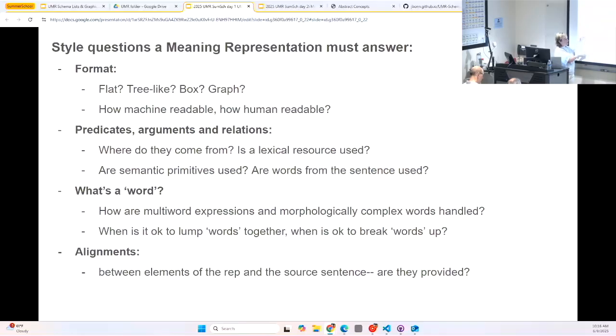And then if you're doing that, what kind of alignment do you have between your source sentence and the representation elements that you created? Some representations do have alignments and some don't. Like AMR does not, UMR does. But obviously, the more you break things down and clump things together, the more important it is to start to have alignments.